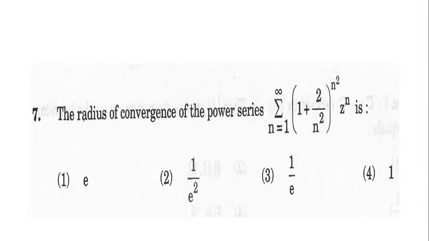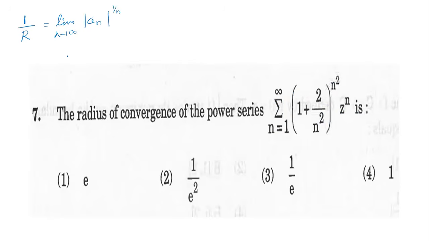Next, seventh one. The radius of convergence of the power series sum n equals 1 to infinity of (1 plus 2 by n square) whole raised to n square times z to the n. Now, we know the formula for power series: 1 by R is equal to limit n tends to infinity of modulus of a n raised to 1 by n.